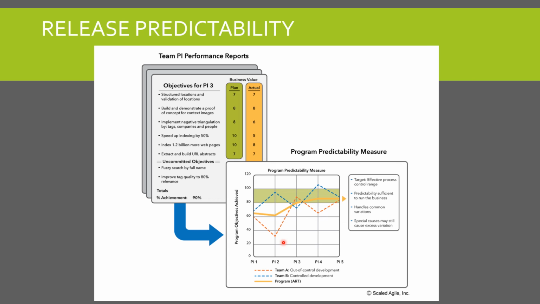So it is a very important metric you can look at from a backlog planning and backlog health perspective, and for adjusting your behaviors based on the predictability you are getting. Release predictability is very much associated with your product backlog.